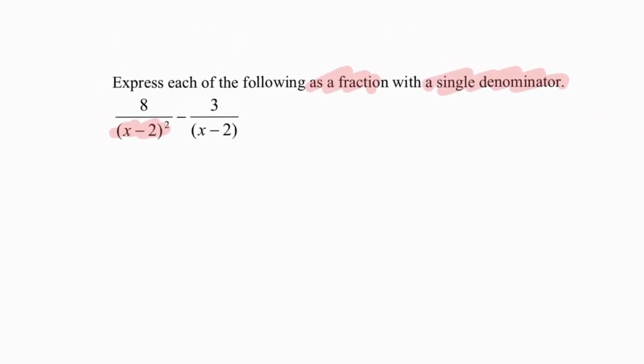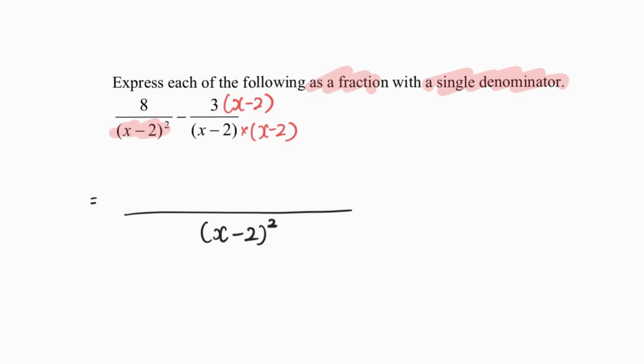So I saw that this one is important, for those who are not so sure. x minus 2 bracket square is actually equal to x minus 2 times x minus 2, and therefore in this case I could simply multiply by x minus 2 here, x minus 2 here, to give me a common denominator of x minus 2 bracket square.